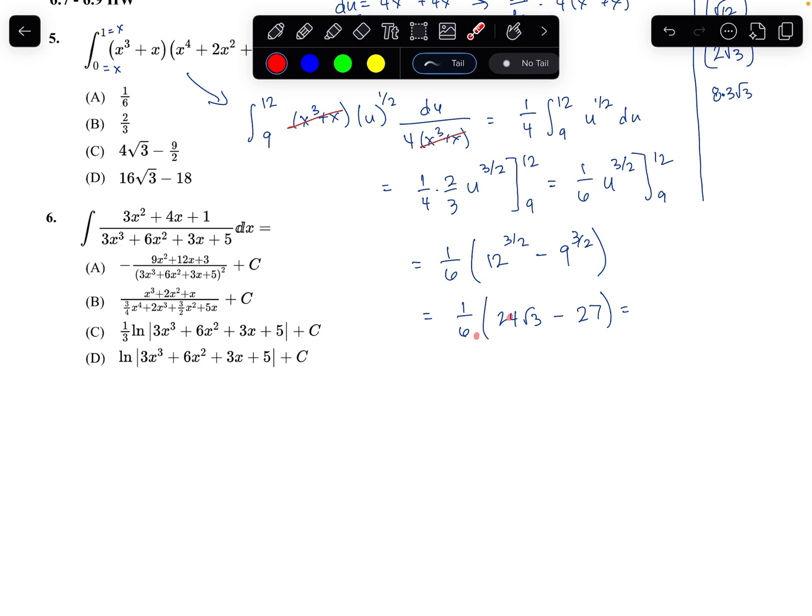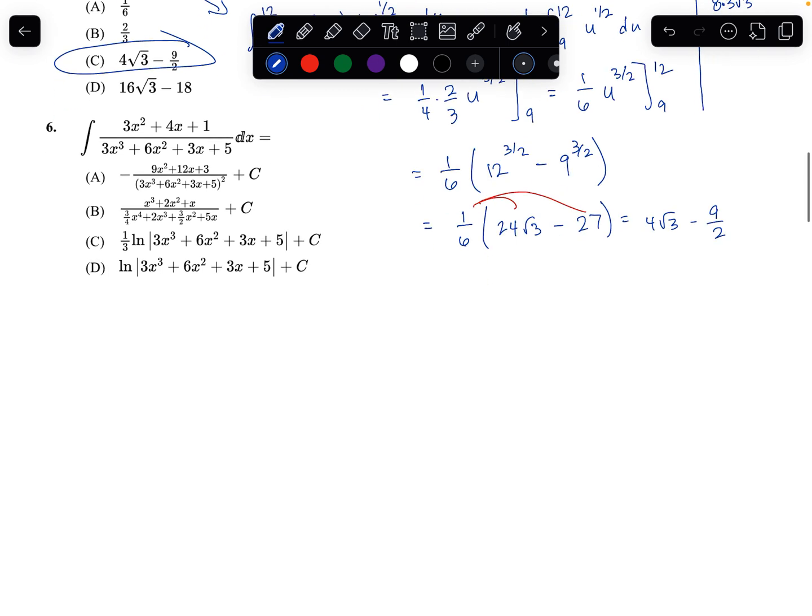Right now I'm distributing the 1/6. So that's going to be equal to 4 root 3, and already I can tell my answer is going to be C, then minus 27 over 6, but 27 and 6 are both divisible by 3, that's going to be 9 halves, so there you go.